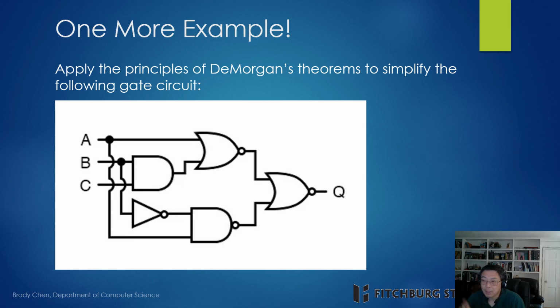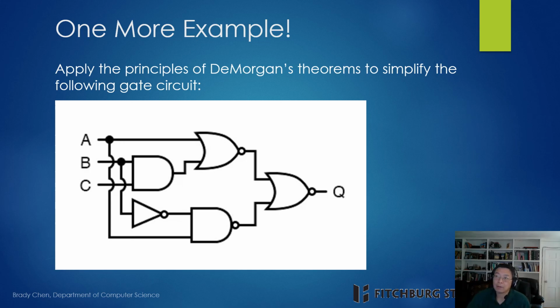And then once you have the logic expression, we apply all these logic identities we just talked about, including the DeMorgan theorem, to simplify the logic expression to reduce the number of operators, right? Now, step number 3. Then we need to draw the circuit diagram for this simplified logic expression.